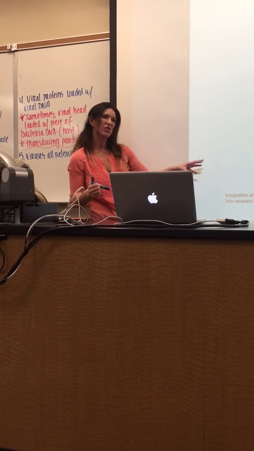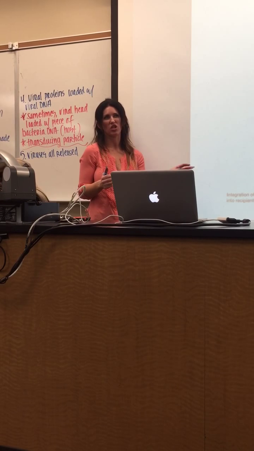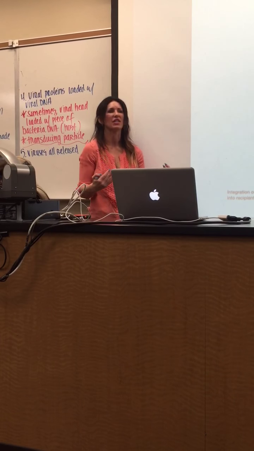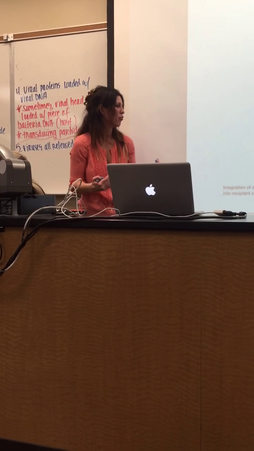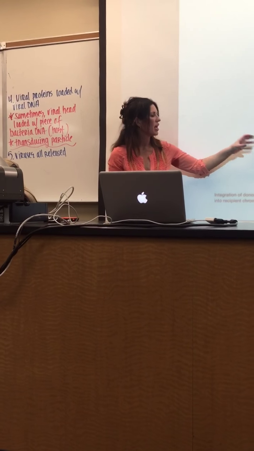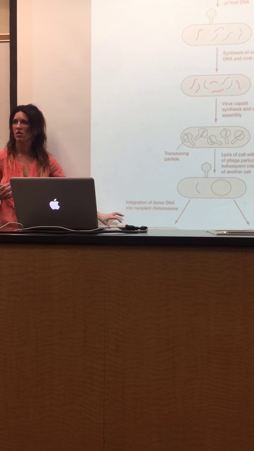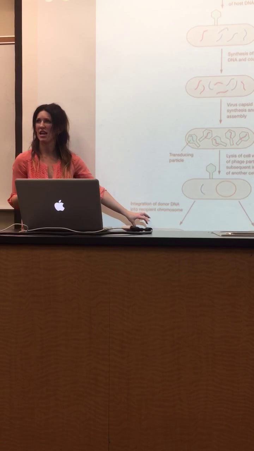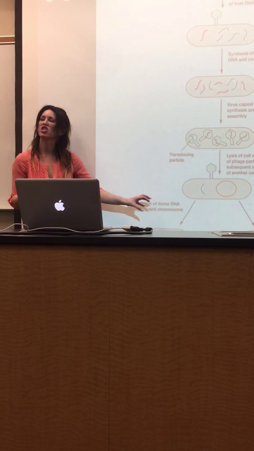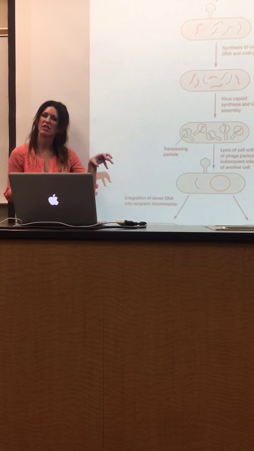Okay? It may also degrade it like we saw with transformation. That would be unstable or unsuccessful. Okay? But again, the point is that these transducing particles have the ability to create genetic variation, and I'm creating recombinant DNA. Okay? By injecting the host cell with bacterial DNA instead of viral DNA.